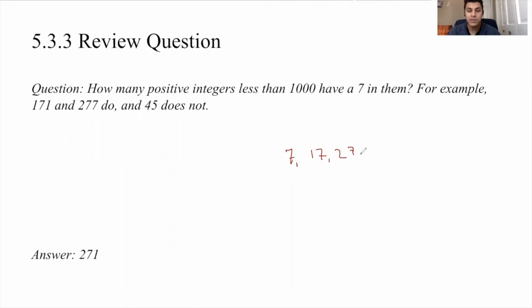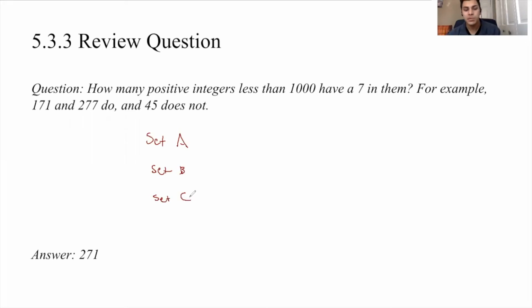And for that, we need to break up the numbers that have a 7 in them into different sets. So let's call these sets set A, set B, and set C. And you'll see where I'm going with this in 1 second.